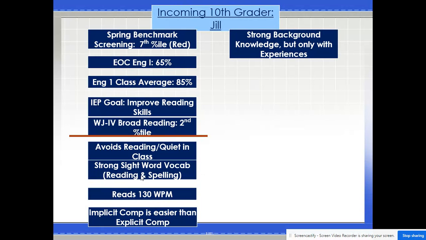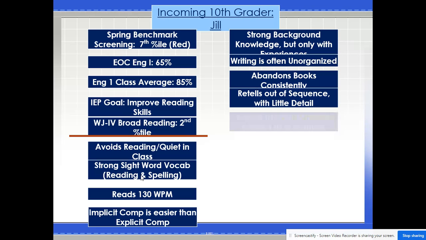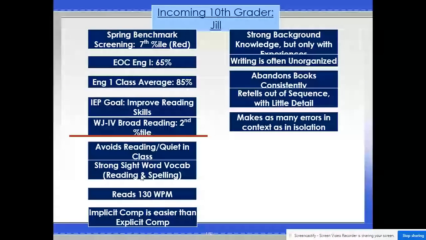Strong background knowledge, but only with experiences. Writing is often unorganized. Abandons books consistently. She retells out of sequence with little detail. Makes as many errors in context as in isolation.